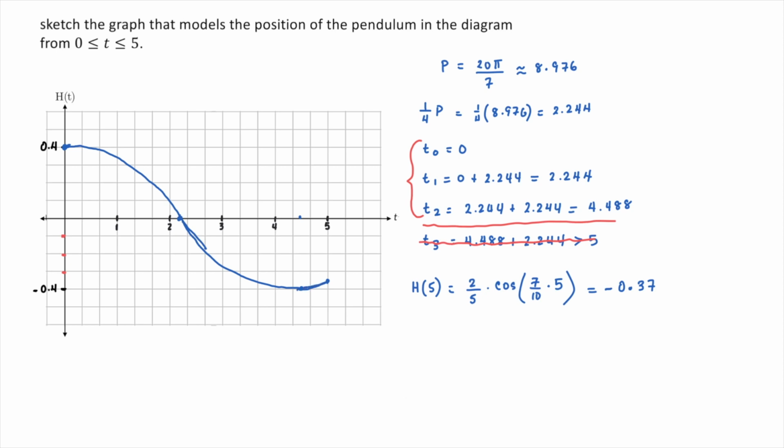So here is one point, here is the other one, the one on the axis, and the one that we started with. Okay. Just trying to erase this part right there. All right, so here is the graph between 0 and 5, exactly as they asked for.